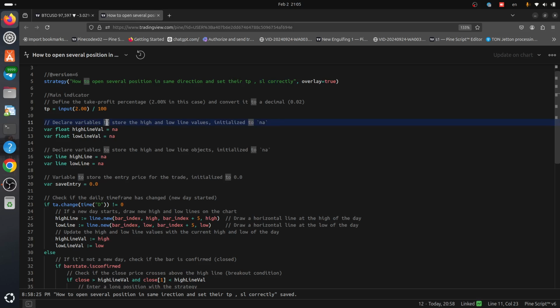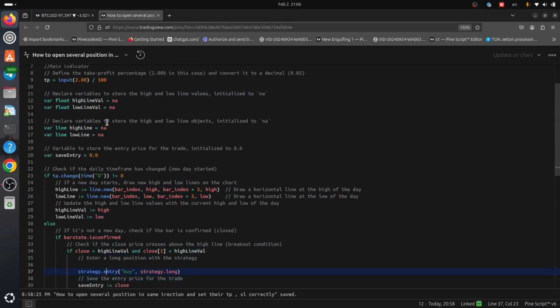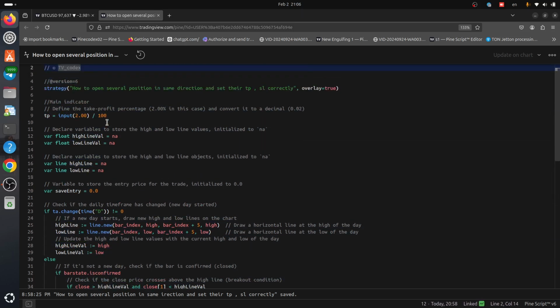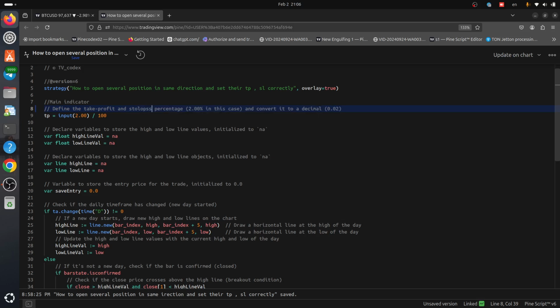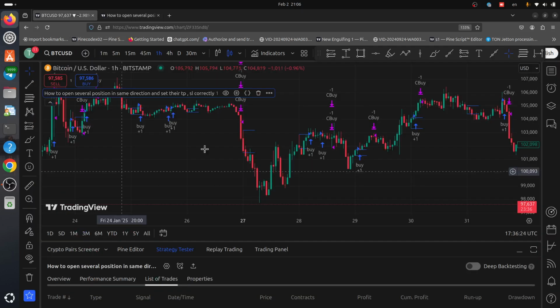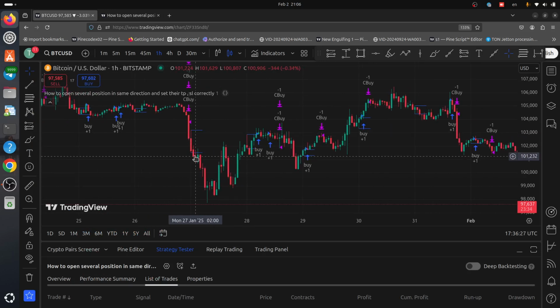So first we make an example indicator. First define the take profit and stop loss inputs for percentage. Then declare variables to store the high and low line values. We want to have two lines in every new day.